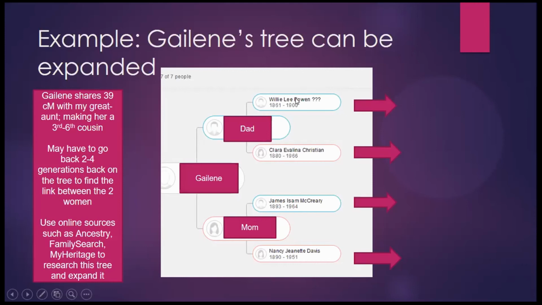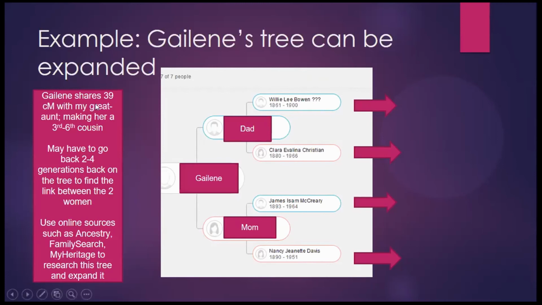So with this information, I can continue researching these people. I would just go into Ancestry or FamilySearch and type in Willie Lee Bowen, born 1861, died 1900, and see if I can come up with a tree that shows his parents, or a census record or a birth or death record for him, and just continue tracing Gailene's tree back.